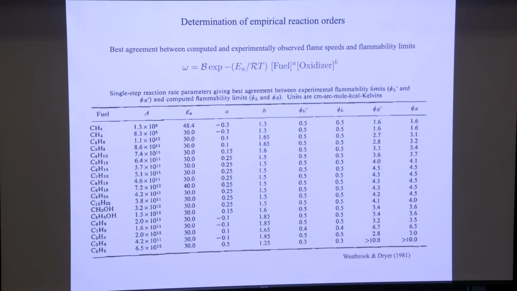This is just to show you that there have been attempts in the literature of determining reaction order, which here are denoted by A and B, from that reference, Westbrook and Dryer. And what I want to point out, and the reason I put that, is that now the A and B don't have to be integers like stoichiometric coefficients.